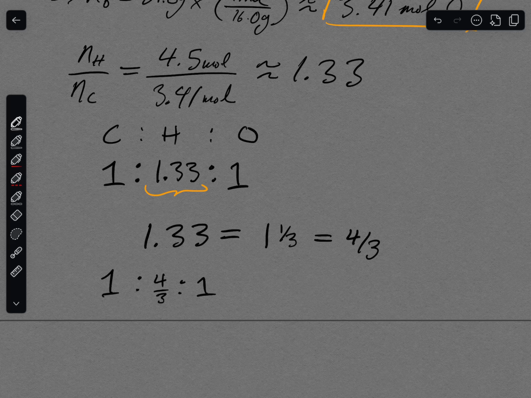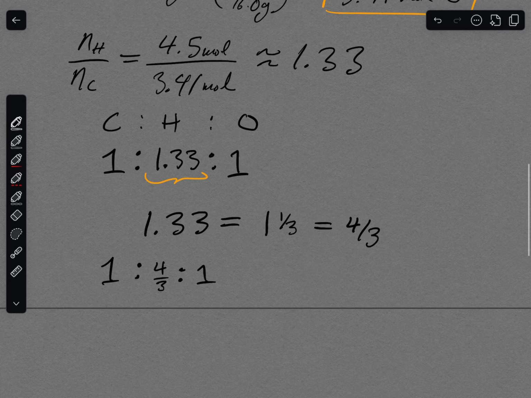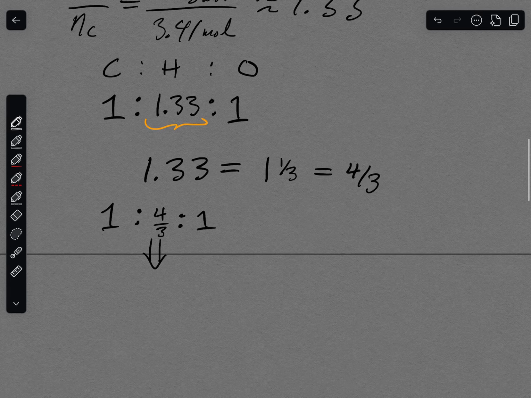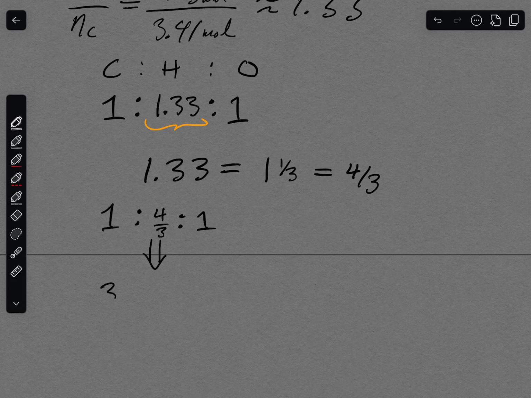Now, if you can get your ratio to look like this, well, we could just multiply everything by 3, kind of like finding a lowest common denominator. If we multiplied all of them by 3, we would get 3 to 4 to 3.